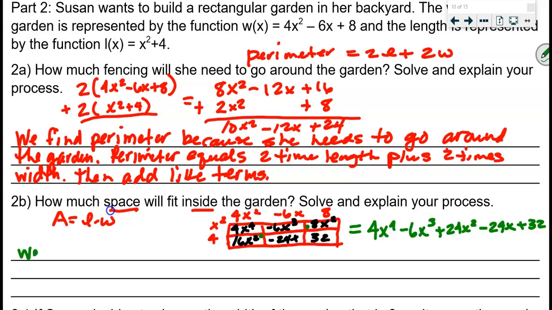So we find area because she needs the space inside the garden.